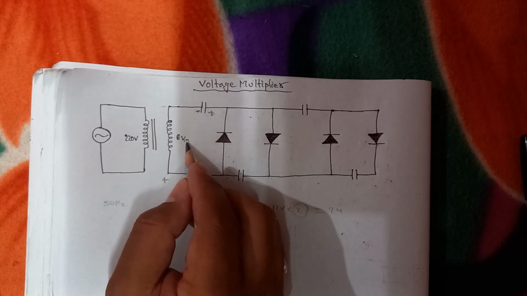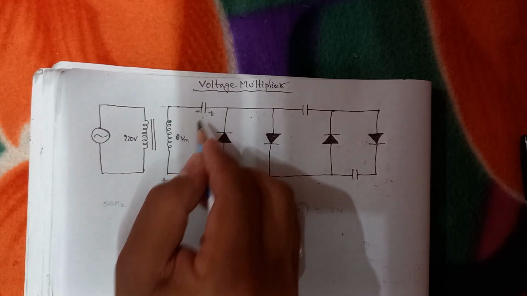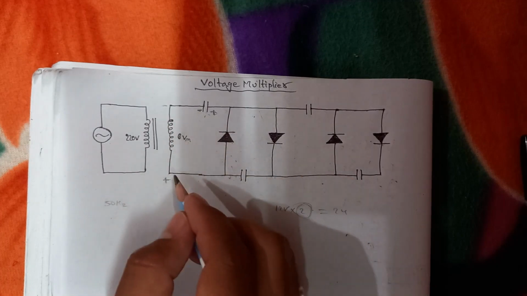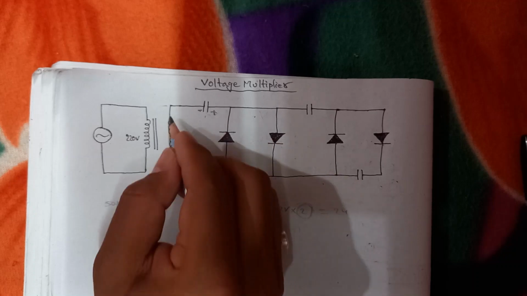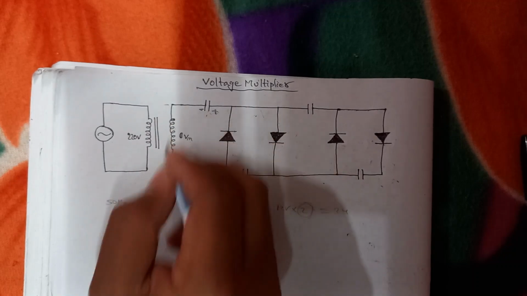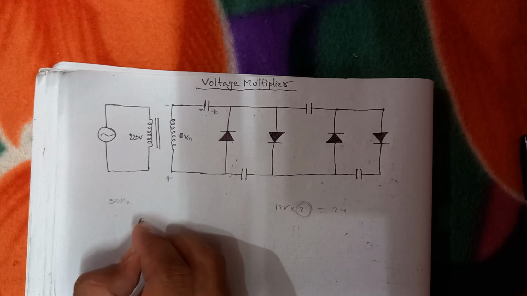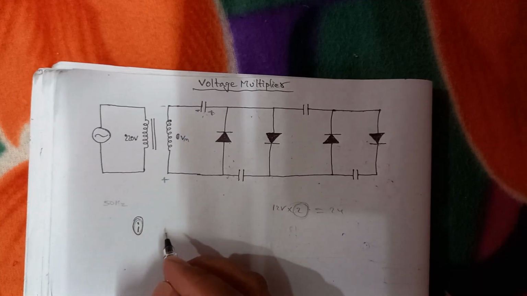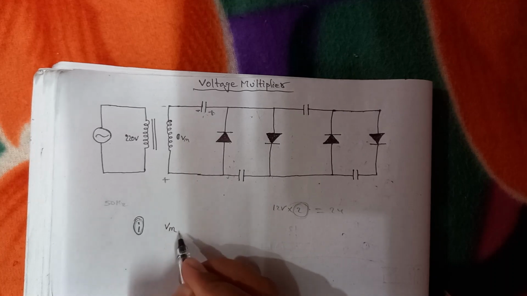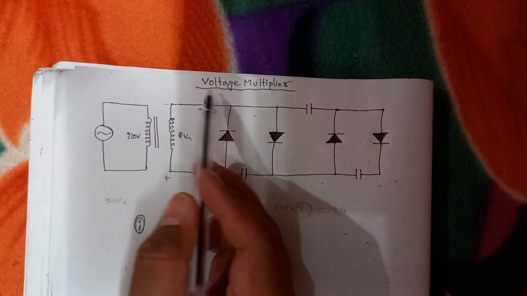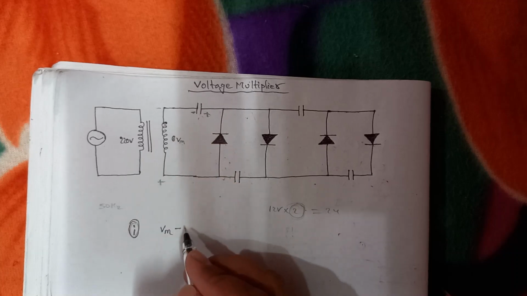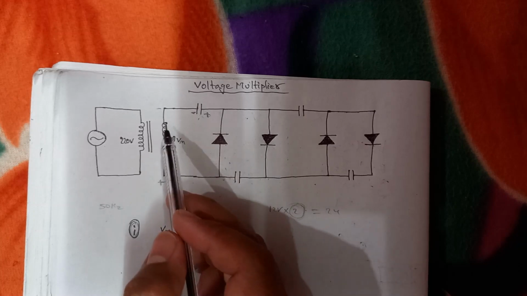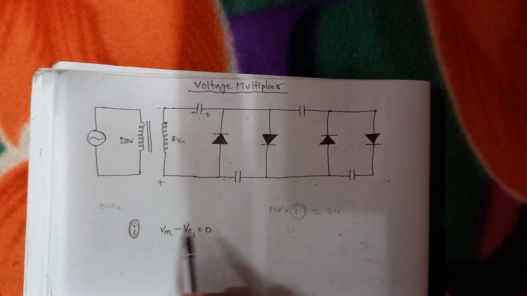At what voltage does this capacitor get charged? We'll use Kirchhoff's voltage law in this loop. Here is positive, negative, negative, positive, and here the voltage is Vm. For case 1, I would like to write here case 1: Vm minus, for this capacitor let us call it Vc1, is equal to 0, because both negatives are there, so we need to give a minus.